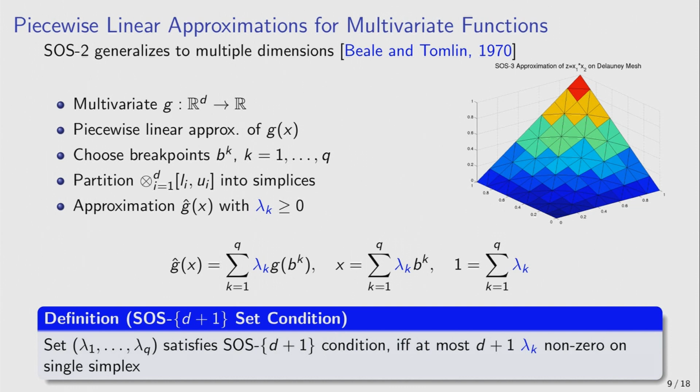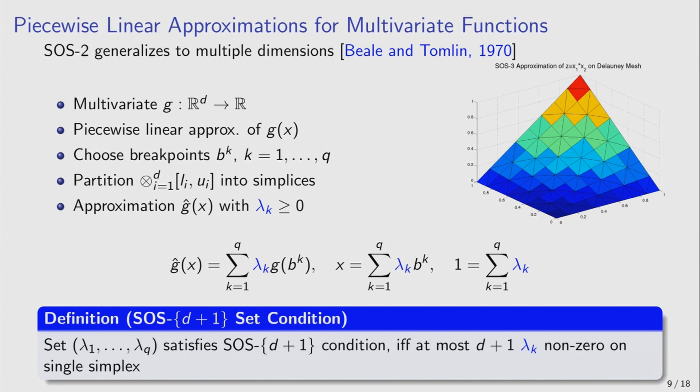That's a triangulation of x1 times x2. So now we're interested in forming multivariate approximations. We choose breakpoints. So the BK are now two-dimensional. They're no longer, because you have two variables. And we partition this interval between Li and Ui.